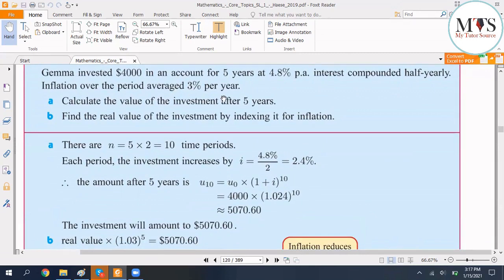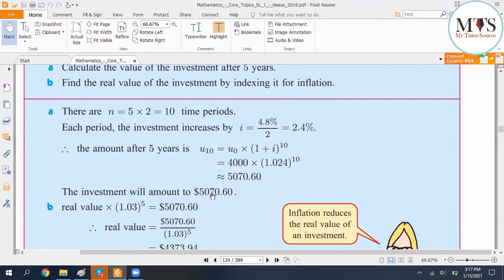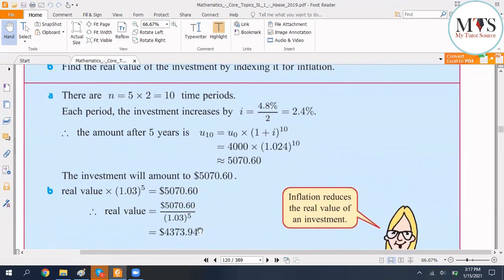So 1 plus 0.03 to the power of 5 times the real value, which we have to find, equals the investment value which we found in the previous part. So we simply divide it. Any confusions or anything?